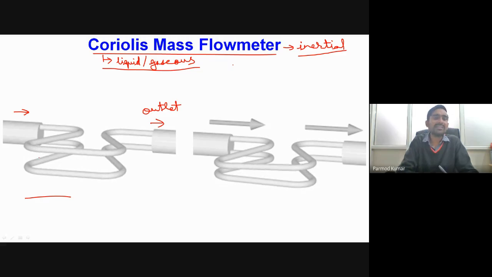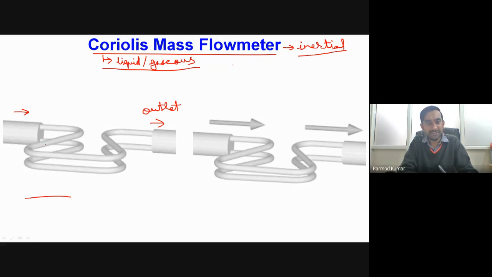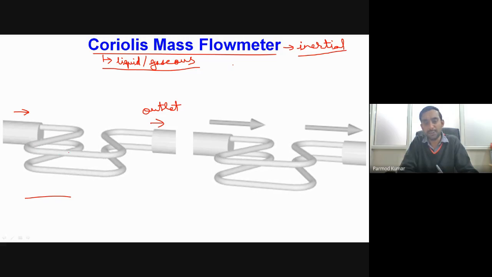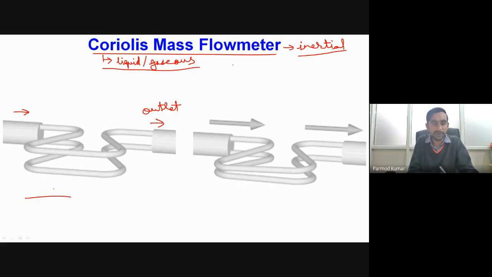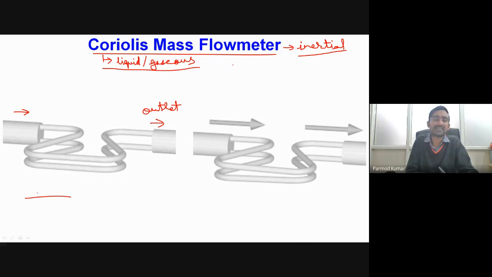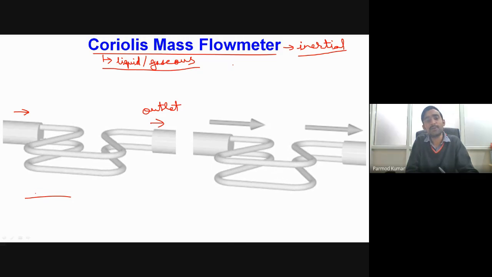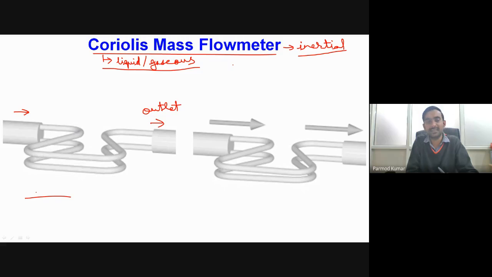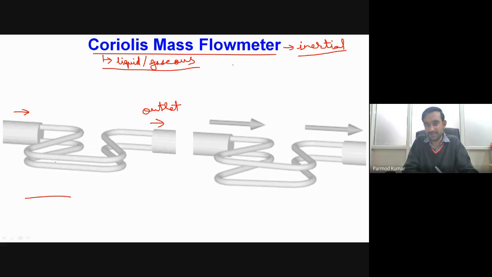In this first animation I have shown the forced oscillation of the tube medium. With the help of some external electromechanical arrangement, we are converting electrical signal into the mechanical vibrations of these tubes.